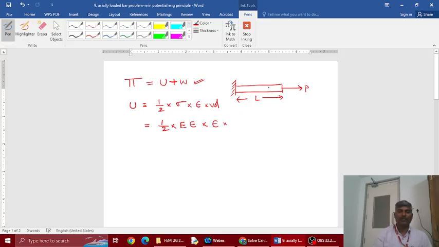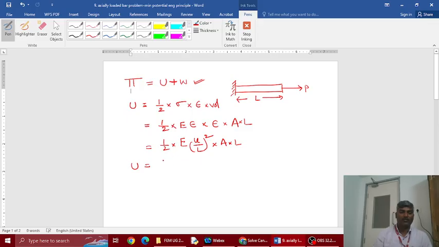It's a uniform prismatic bar, so the cross section area is the same throughout. So A into L will give you the volume. So half into Young's modulus into strain, which I can replace with U by L, this whole squared, into A into L. This is the strain energy stored in the bar.